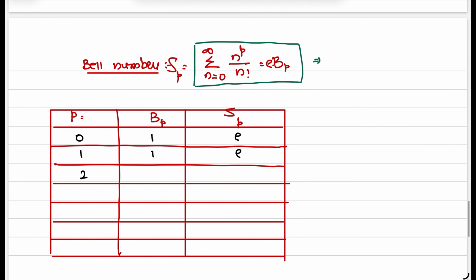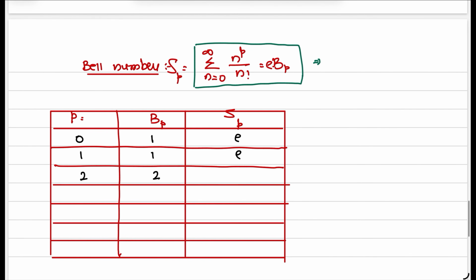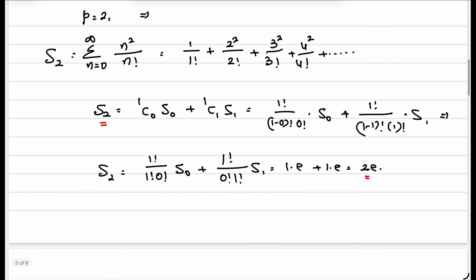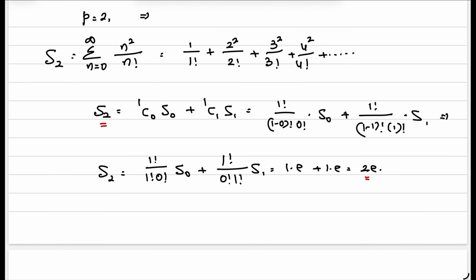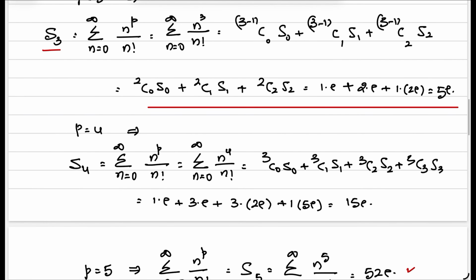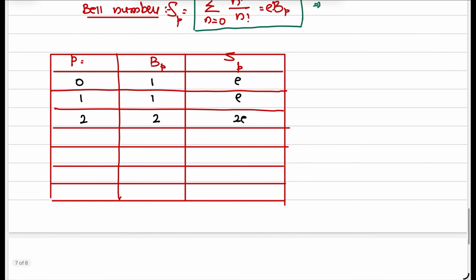For P equal to 2, we have got the Bell number as 2 and it is 2e. For P equal to 3, the Bell number is 5 and S_P is 5e.